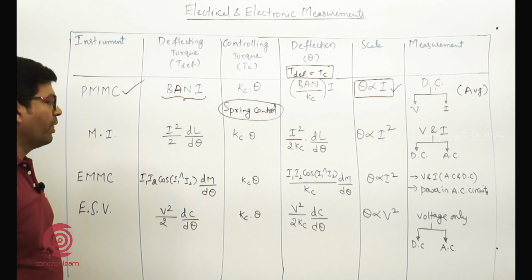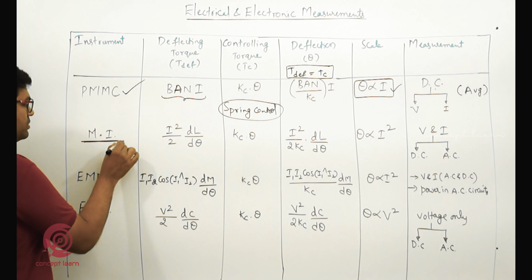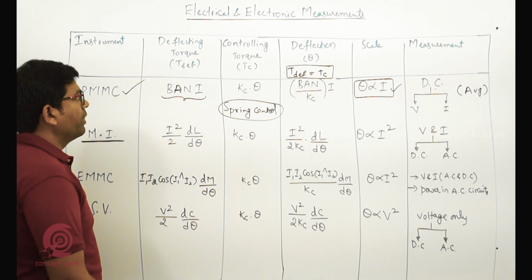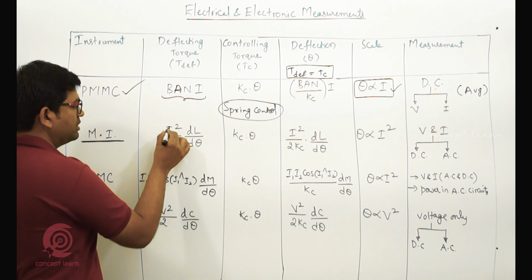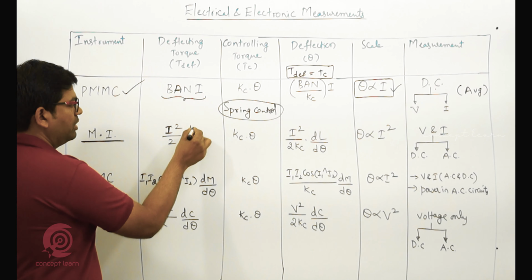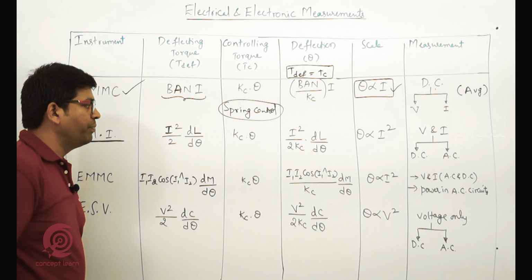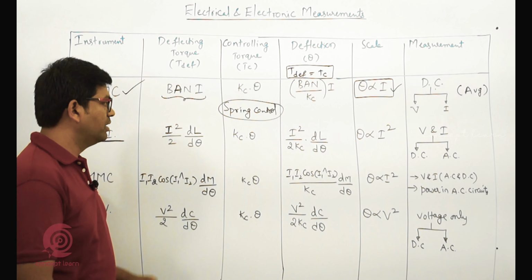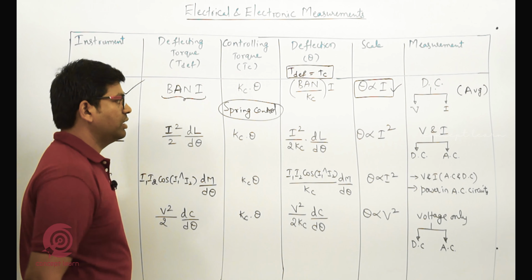That is the observation when it comes to a PMMC instrument. What about moving iron? That is the MI, moving iron type instrument. The deflecting torque is I square by 2 into dL by d theta, where I is the current flowing through the fixed coil and dL by d theta is the change in self inductance with respect to deflection. And again, as usual, we observe the spring control method.